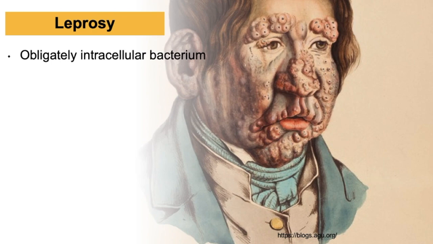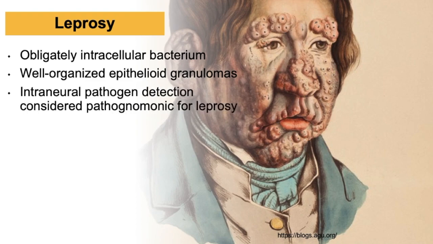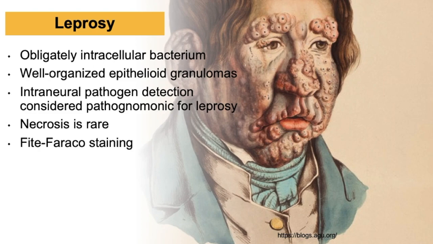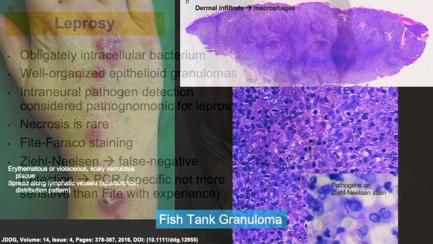Leprosy is an obligate intracellular bacterium. Usually, it causes well organized epithelioid granulomas around the nerves, and necrosis is very rare. You can order Fite staining to identify those because acid-fast is usually falsely negative. PCR is superior for identifying those organisms.